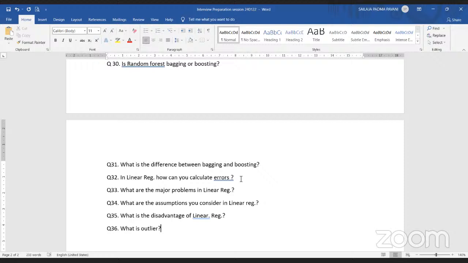Extreme value. Yes, Banu Prakash, extreme value means? Extreme value, what do you mean? For what?